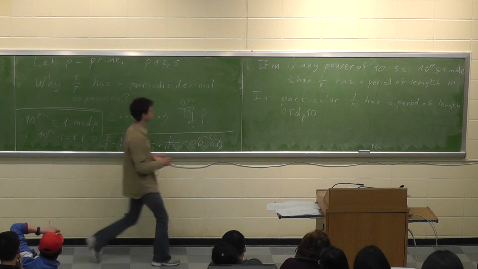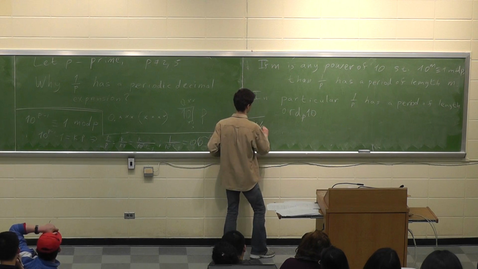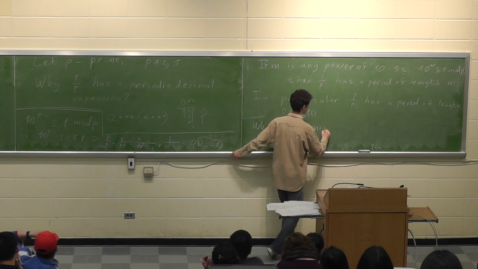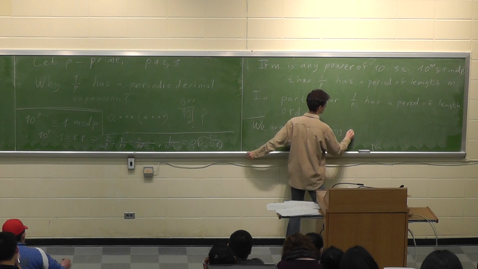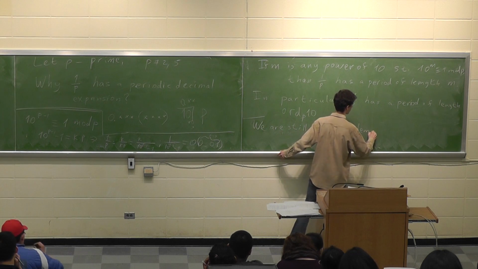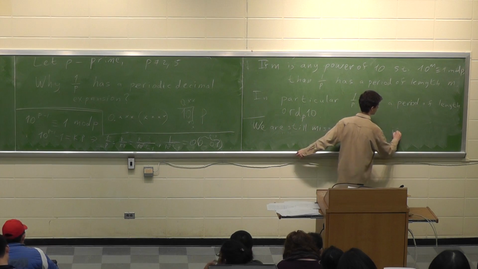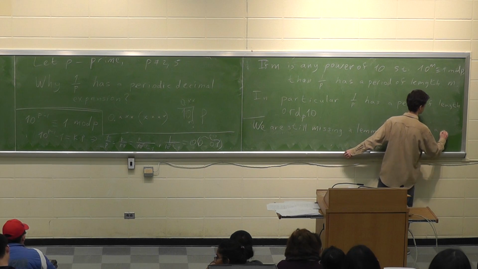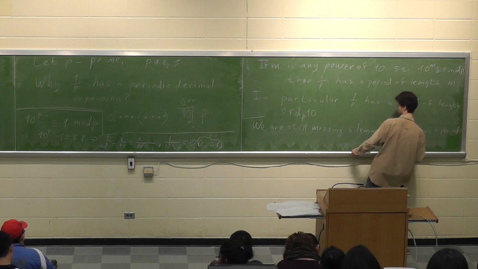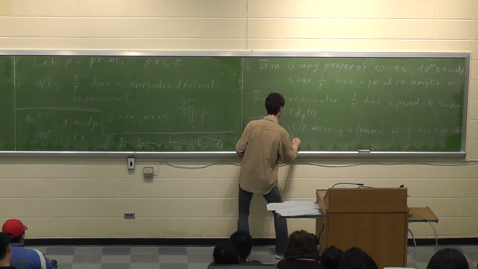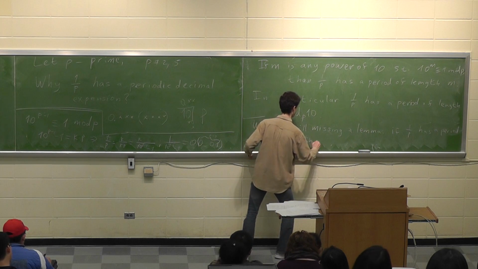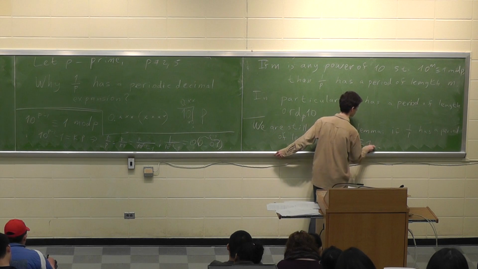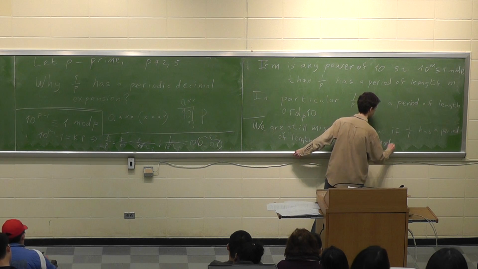So we are still missing a lemma. If 1 over p has a period of length m, then 10 to the power m is congruent to 1 modulo p.